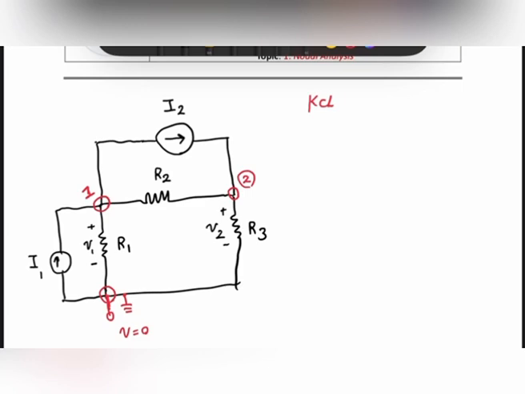The second step is for the non-reference nodes: we are going to label them as V1 and here V2. So we are going to assign a voltage variable to these nodes. And finally, in step 3, we are going to apply KCL to each non-reference node.